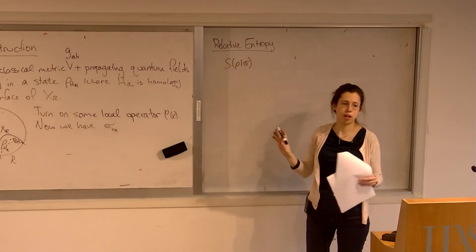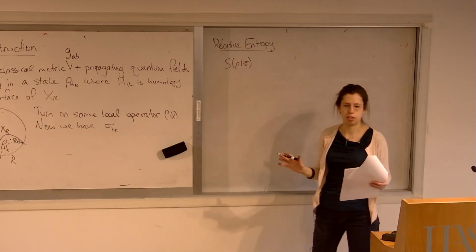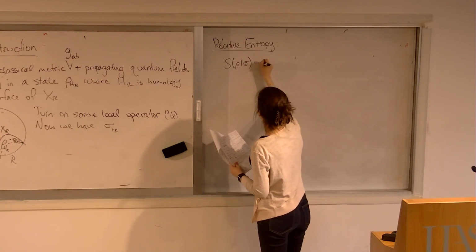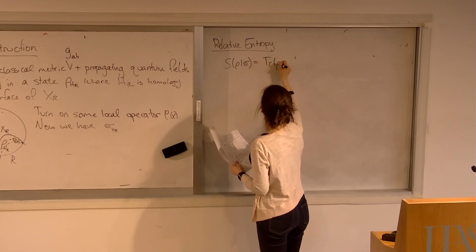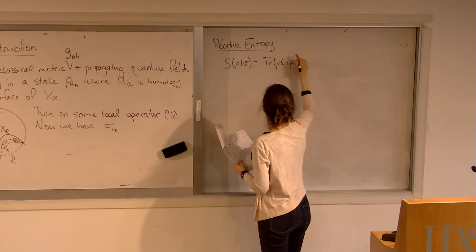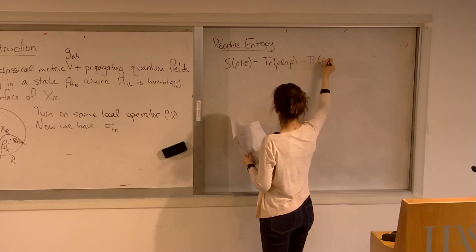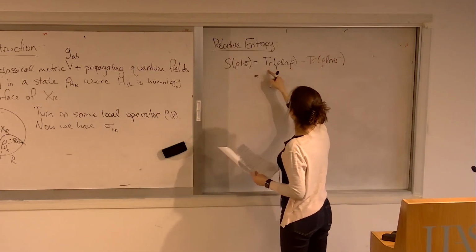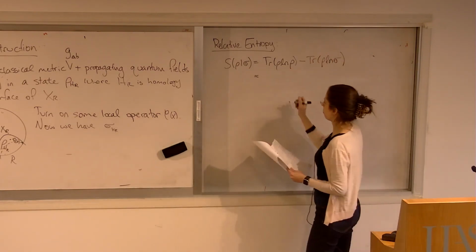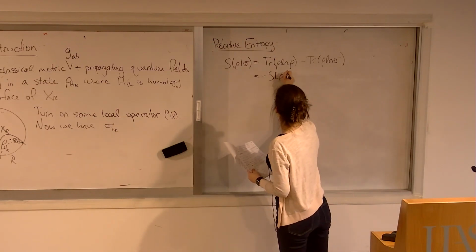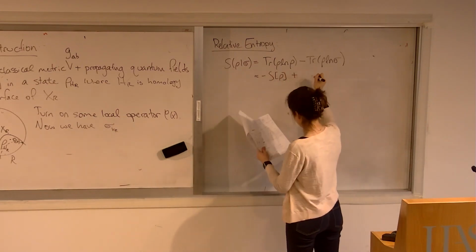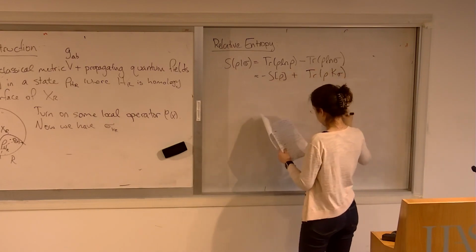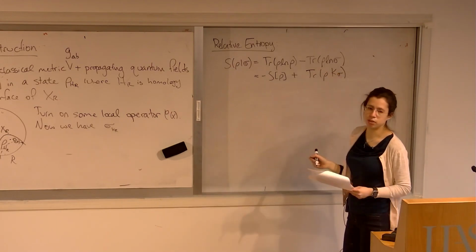So this is defined independently, bulk or boundary, just some ordinary quantum fields, quantum states here. This is trace of rho log rho minus trace of rho log sigma, which we can of course also write as minus S of rho, and this is the expectation value of this operator K sigma, which is the modular Hamiltonian of sigma.